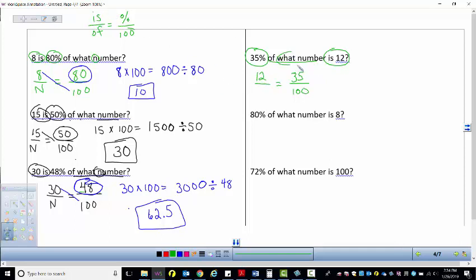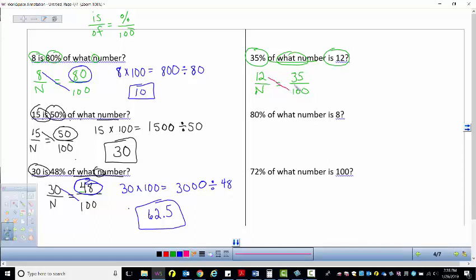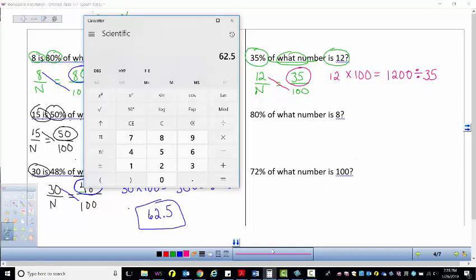And I'm looking for what number, so I'm going to use N for number. And then I'm going to cross multiply. 12 times 100, and that is 1,200. Remember, you can use your calculator on those. And divide by 35. So if I go to my calculator and I take 1,200 divided by 35.